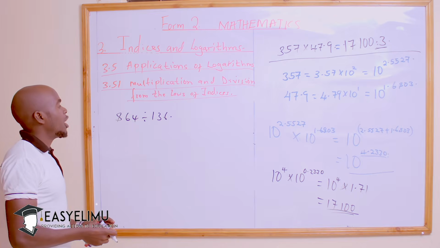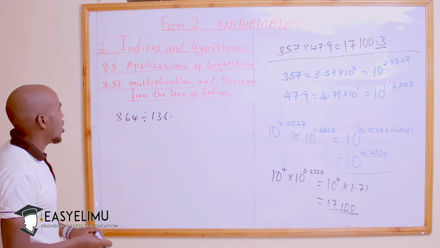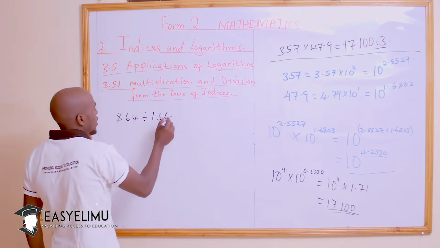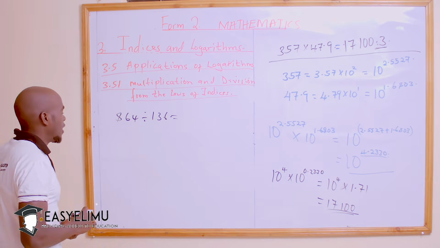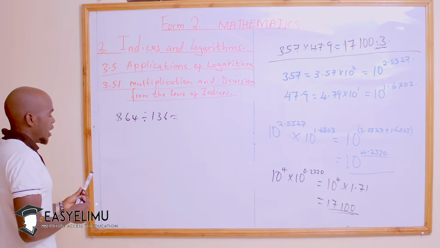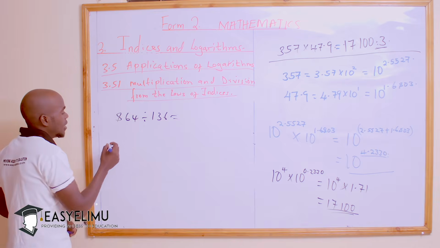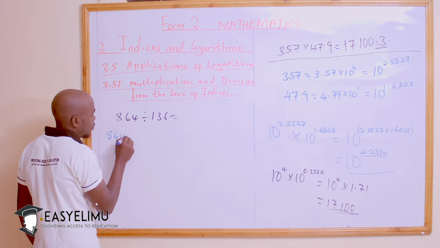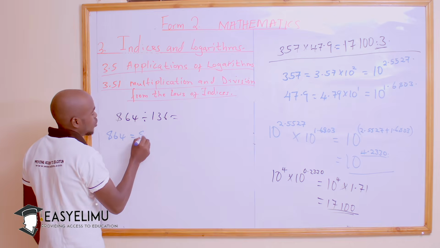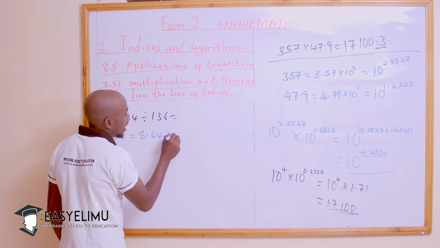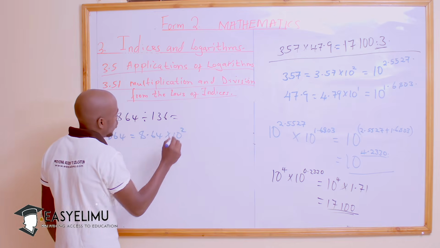Again, according to the law of indices, that is the second law, we can still make this one to the base of 10, but firstly we shall work out individually. Taking 864, we can rewrite it as 8.64 times 10 raised to power 2.